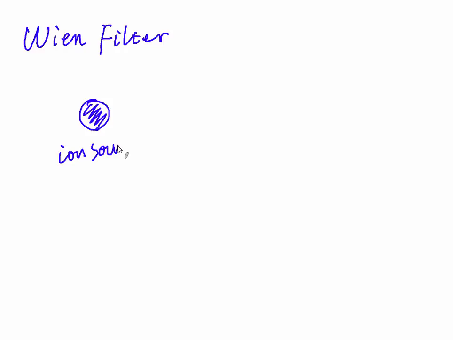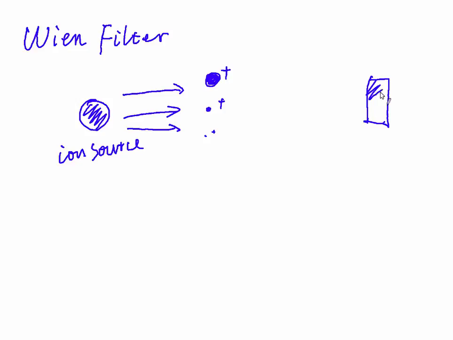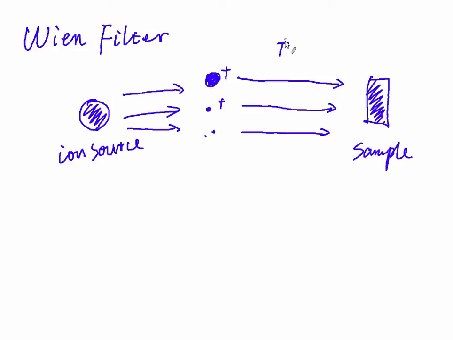The Wien filter in the SIMS instrument is to select primary ions with a certain mass. The ions generated from the ion source have different masses, so the time to pass through the system to the sample is different.